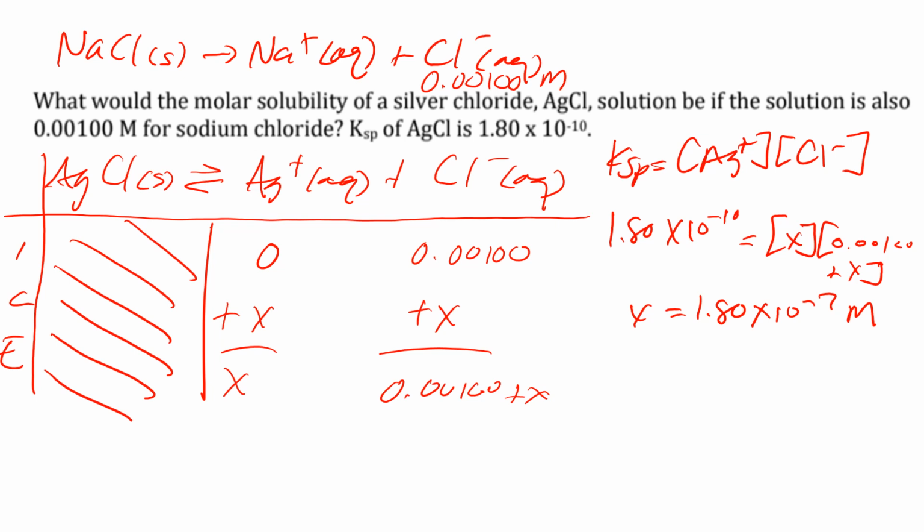So it's 0.00100 molar for sodium chloride. When it's put into solution, it's going to ionize into 0.00100 molar for sodium, and for the chloride ion, same thing here. With this addition of sodium chloride, the molar solubility for silver chloride is now going to be 1.80 times 10 to the negative 7.